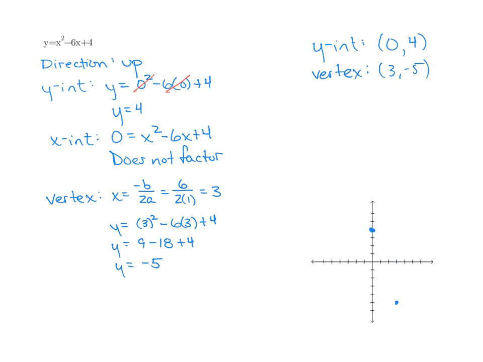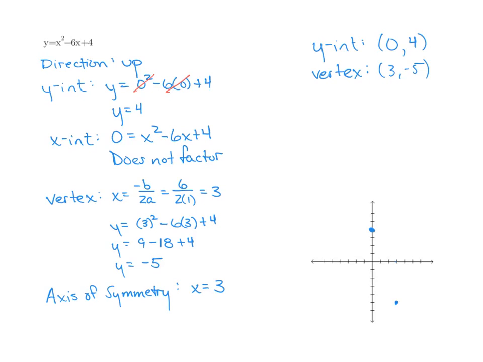We only have 2 points here, and so I need to find a third one. So, the first thing before we begin, I'm going to talk about my axis of symmetry. Recall that the axis of symmetry is going to go through your vertex. It's going to be x equals our x coordinate of the vertex, 3.